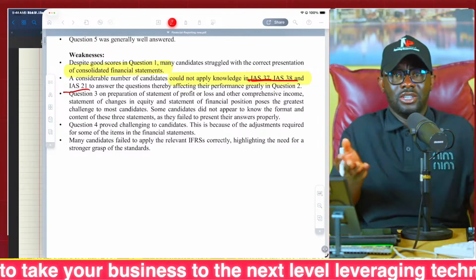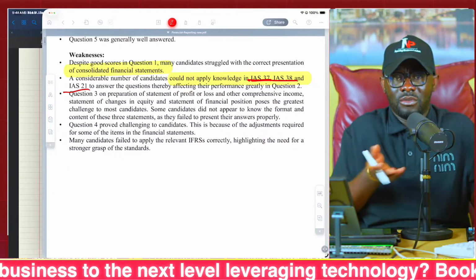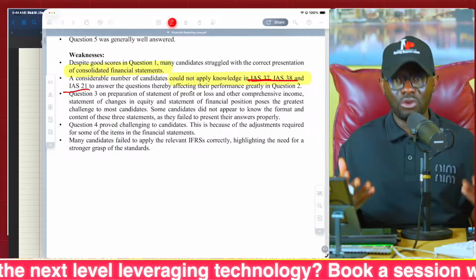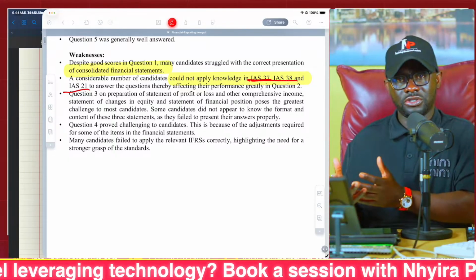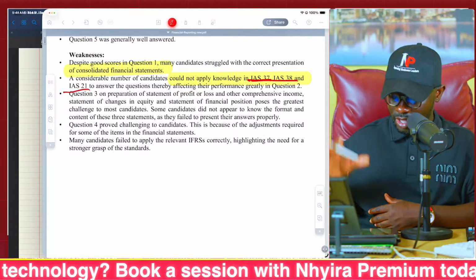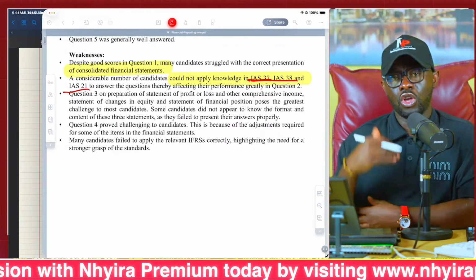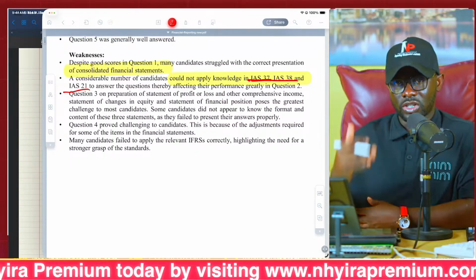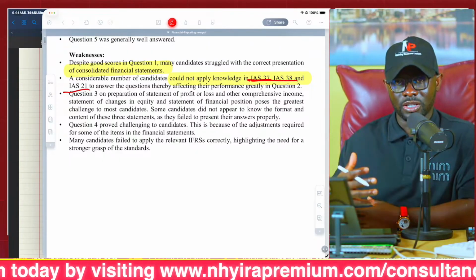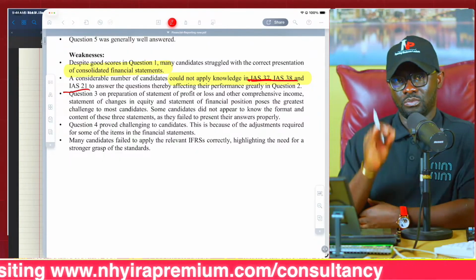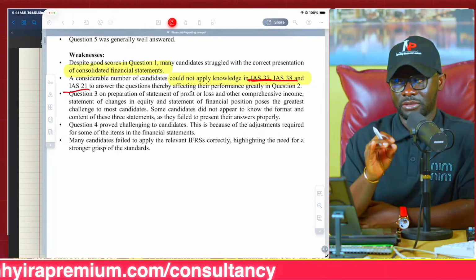These are some of the basic standards you are supposed to know about. But quite a number of students struggle in answering questions in this area in question 2. So again, be mindful of the standards, the principles, and the concepts to put you in the position to pass the examination.